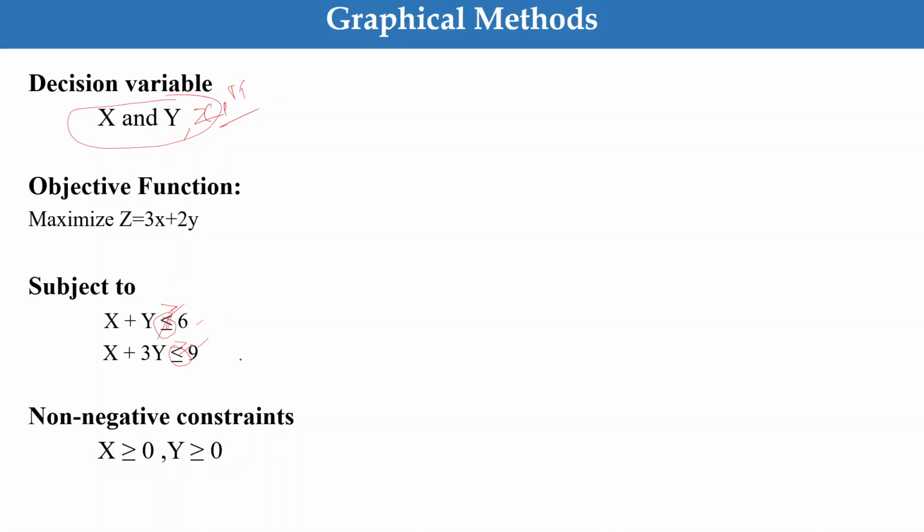Two variables, simple graphical method. More than two variables and constraints are less than equal to, simplex method. More than two variables and constraints are greater than equal to, big M method or two-phase method, right? So this is it. Now let's start how to find this solution with the help of the graphical method. Let me just remove this one.